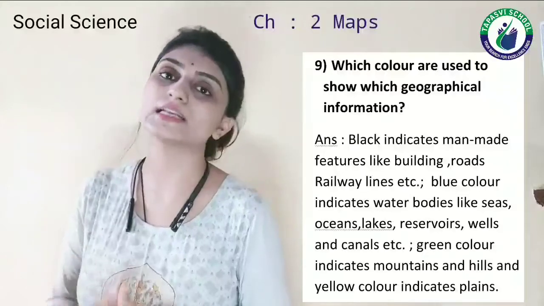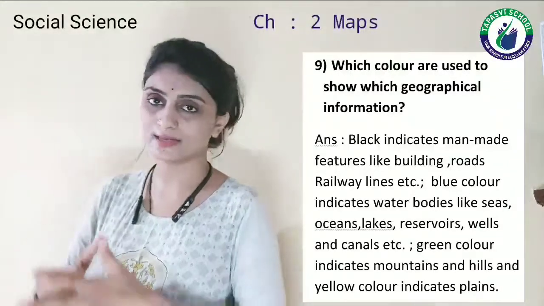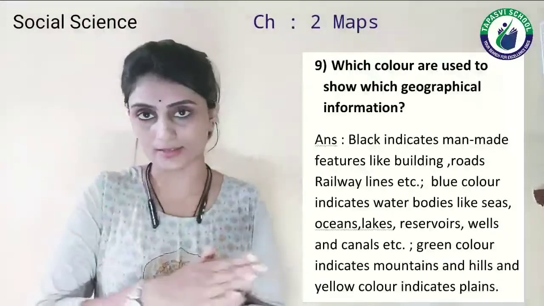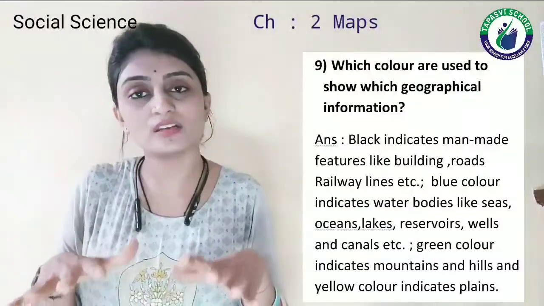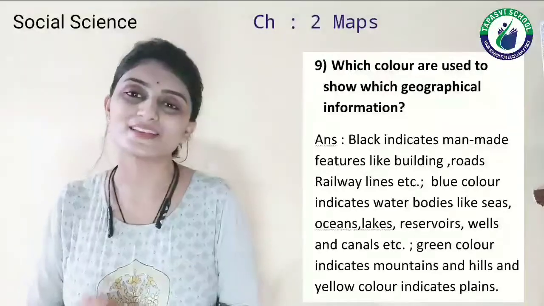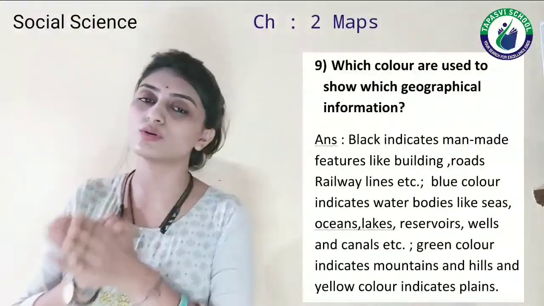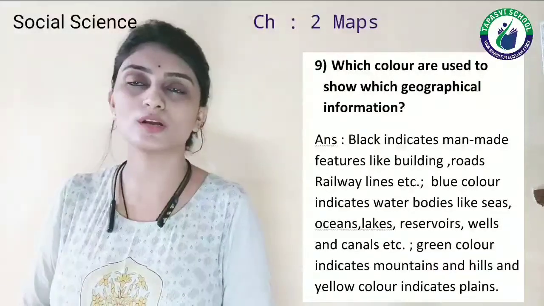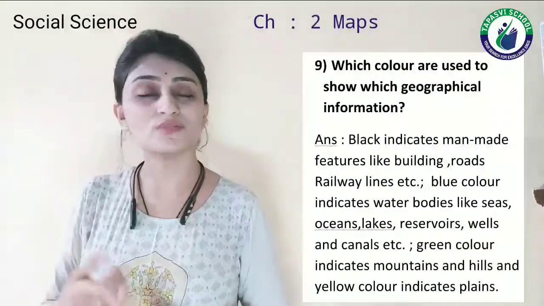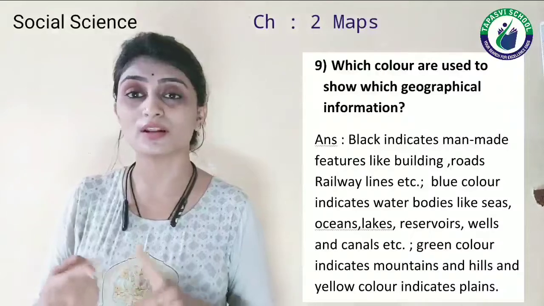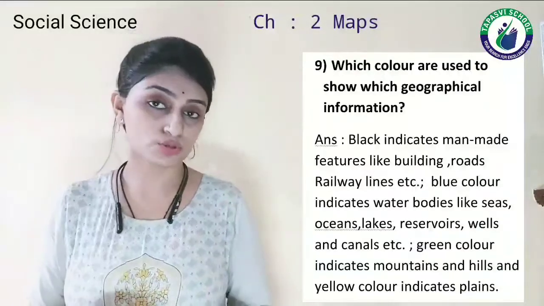Okay, next is green color. So green color indicates the mountains and hilly areas. All the mountains and hilly areas show on the map with green color. Next is blue color. So blue color indicates the water bodies like reservoirs, rivers, lakes, seas, oceans.